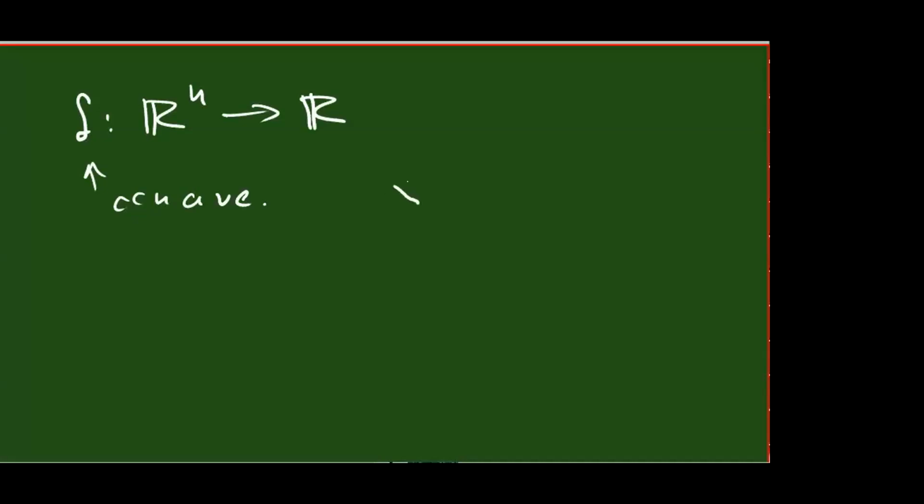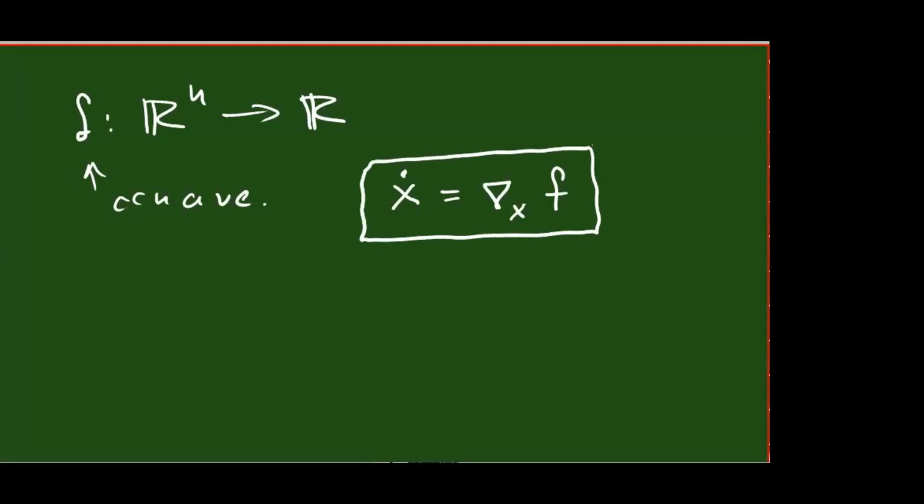So gradient flow is a solution of the equation x dot equals gradient of f at point x. This equation has perfect sense in the smooth category if f is smooth, but we don't want to assume this. We want to assume that it's only concave, say semi-concave or lambda-concave, doesn't matter.